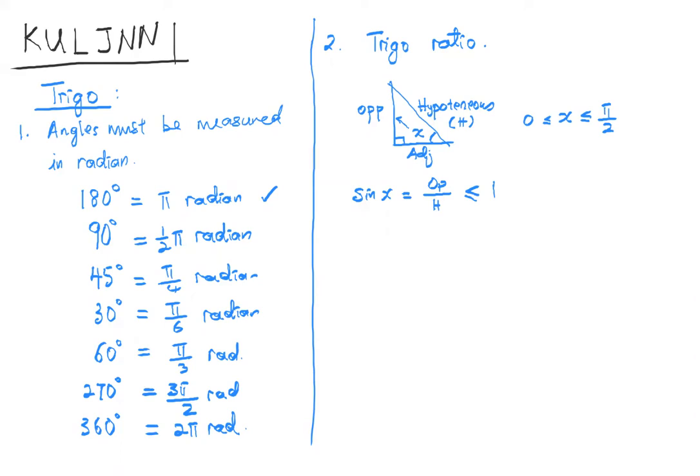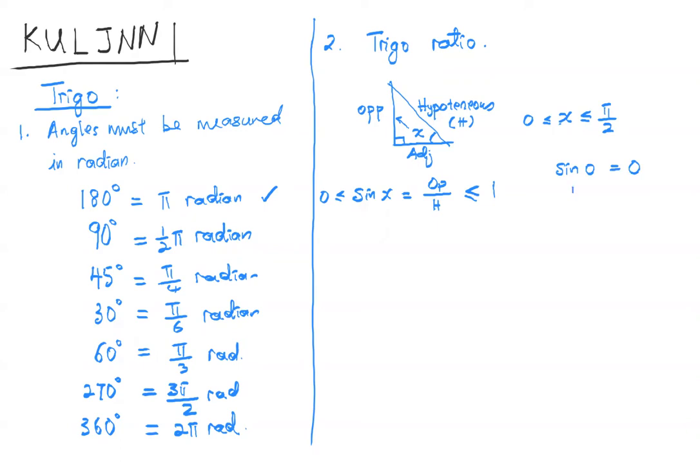Are you okay? And if the domain is between 0 and pi by 2, the lowest will be 0. Correct? So sin 0 radian is 0.